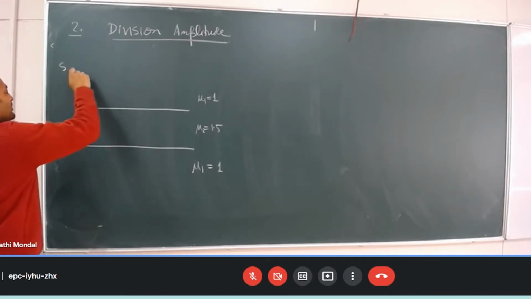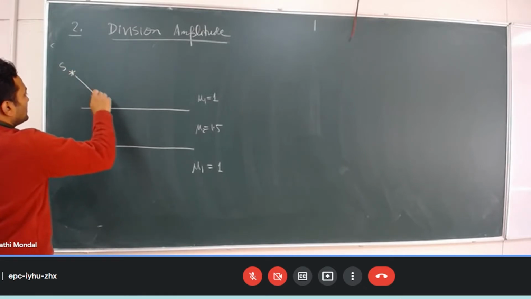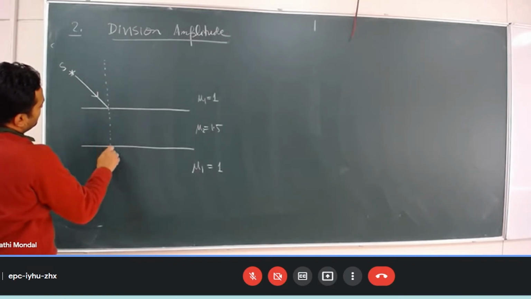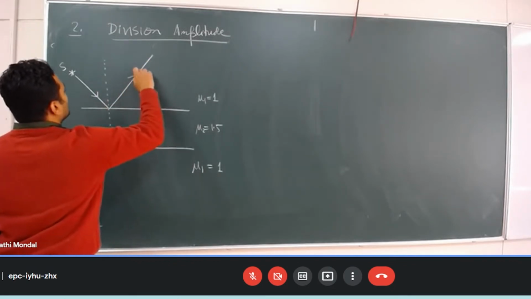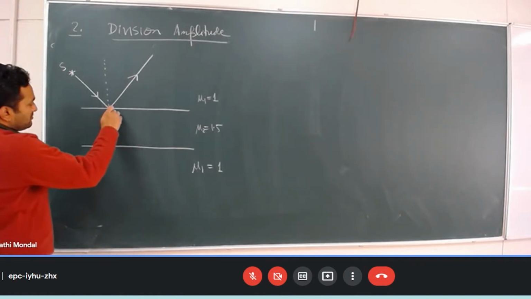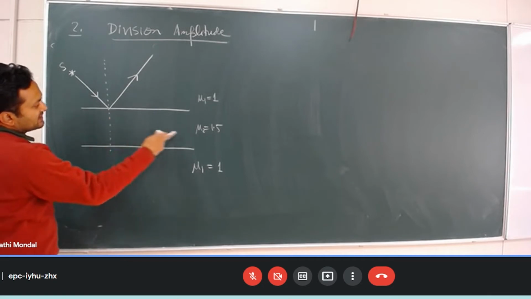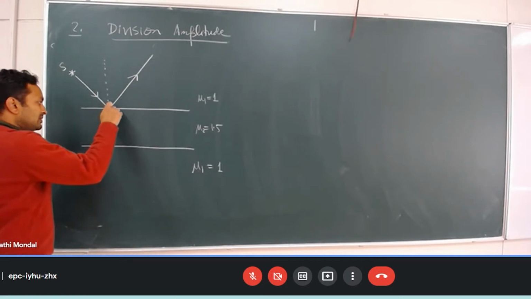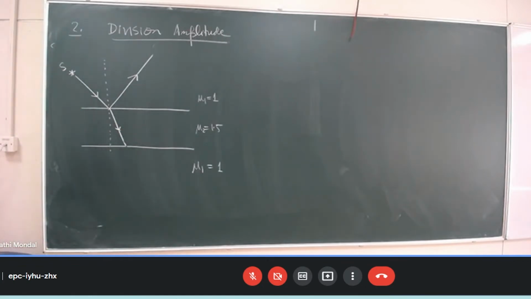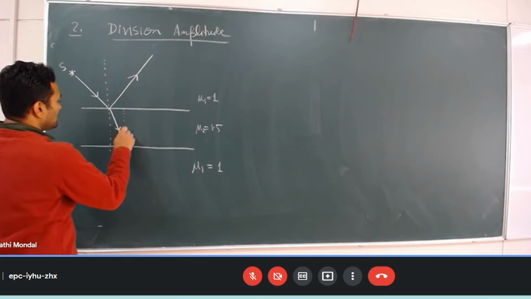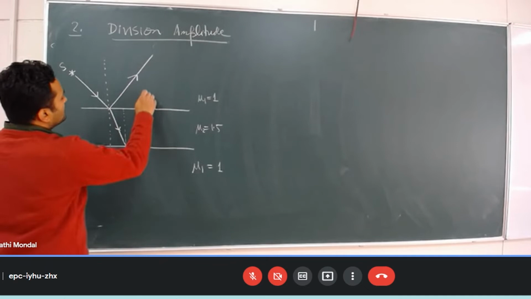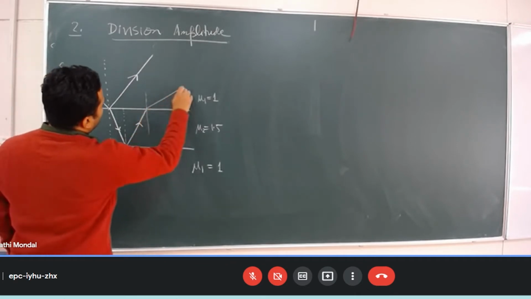light will come here. We know that you have to apply the law of reflection. So light will reflect from here, and then some part of the light will refract. Since it's a denser medium, it will bend closer to the perpendicular, and then you will have another reflection here, and another reflection here, like that.